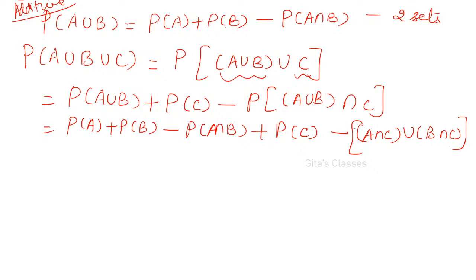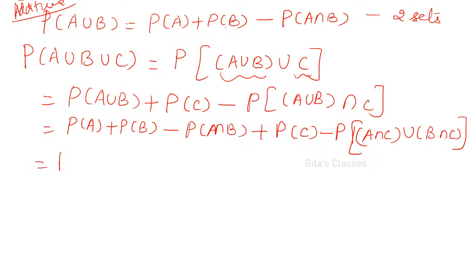P of A intersection C union B intersection C. Actually A with C, B with C, and whatever is there in the center, it will come in the center here also.